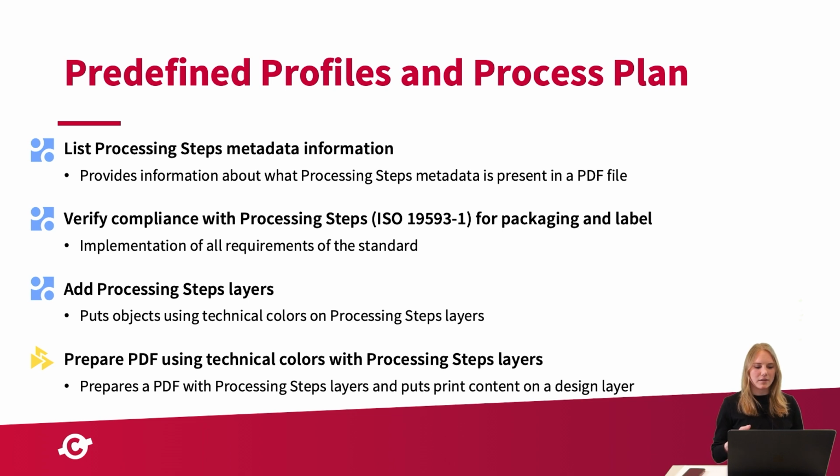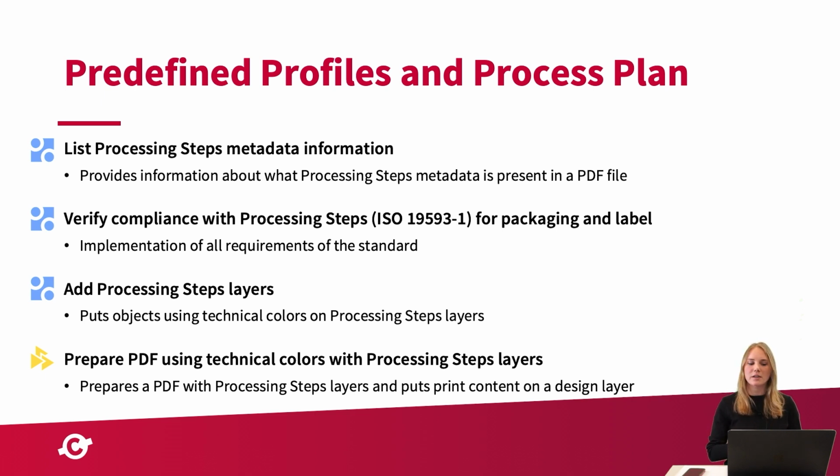And then we have the process plan. As I said, this also uses the profile, but in addition, it also adds a separate layer for the print content so that all objects that really end up being printed are on a separate layer as well. So you can really prepare your PDF files for production.